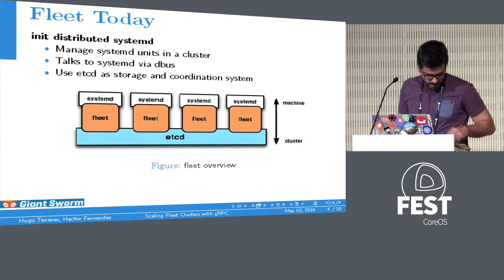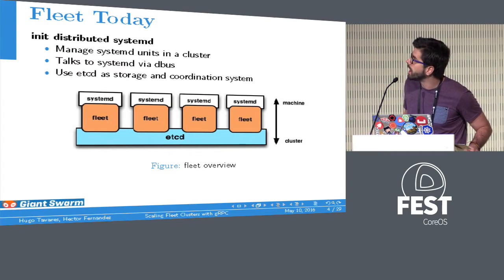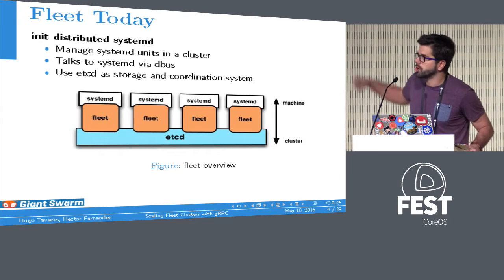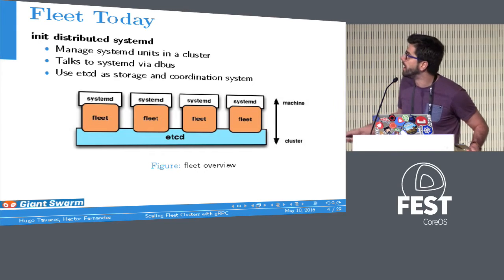As you can see, Fleet uses etcd as the bottom layer, for storage and coordination between the different Fleet nodes. And on each Fleet node, we also have systemd to talk to. So Fleet talks with the systemd on each machine, and then the coordination is done via etcd.